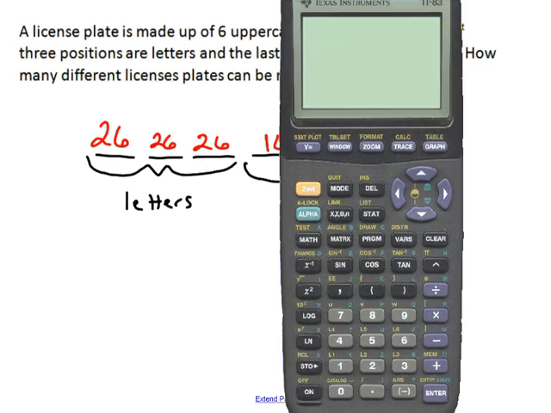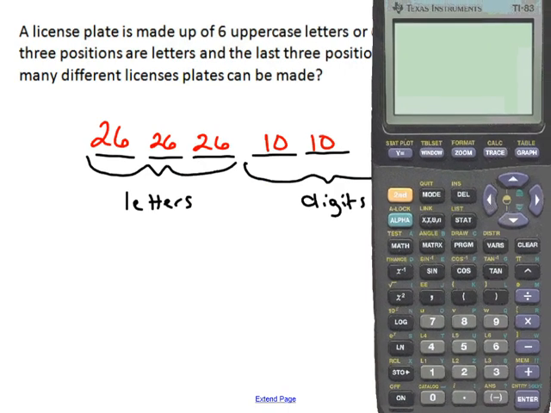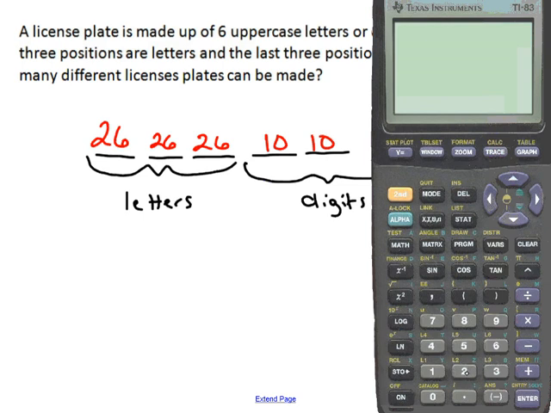So I've got here a TI calculator. Let's go ahead and take a look at this one. So we'll turn it on first, I guess. Maybe we won't use a TI. There we go. Okay. So 26 times 26, I could just do to the third power, times 26, and then times 10, times 10, times 10.